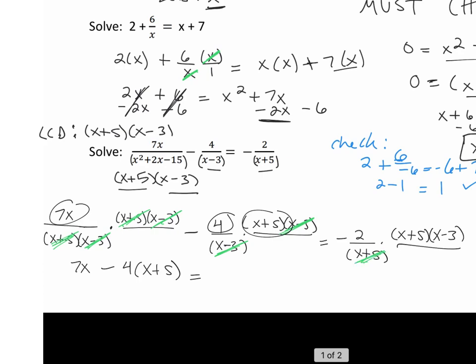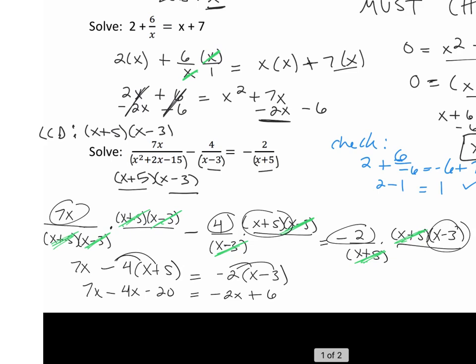We can cancel out an x plus 5 factor, and that leaves negative 2 times x minus 3. So let's see what we have left here. We need to do some distribution to remove parentheses. So 7x minus 4x minus 20 equals negative 2x plus 6.